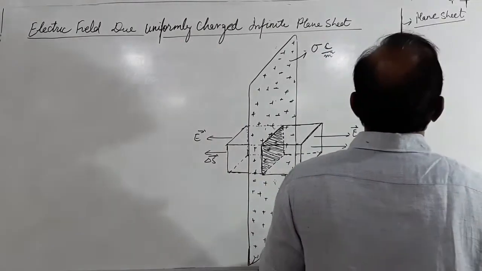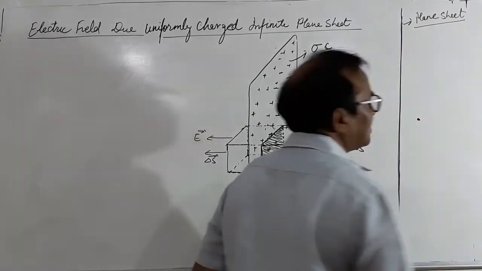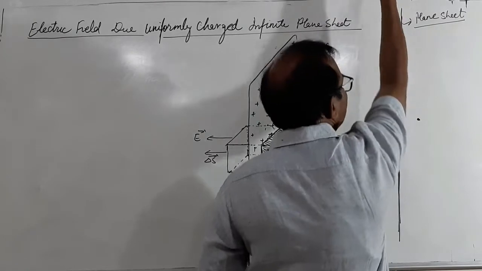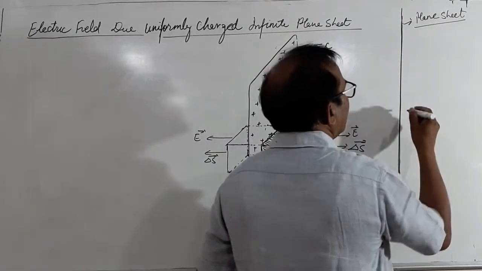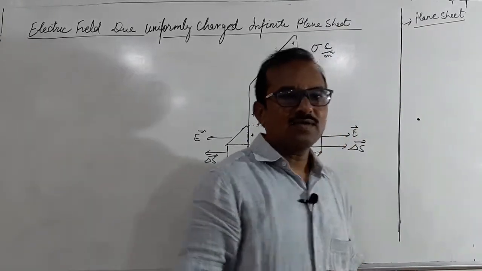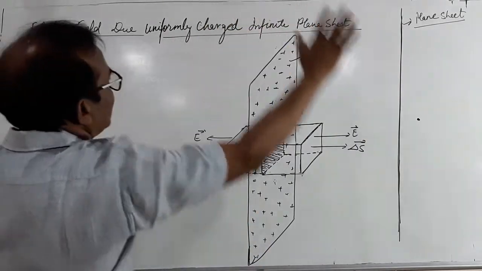Again we can imagine a point, and in the same way this sheet is extended here and here to large distances, so a large number of charges are there. Suppose this whole board is charged.